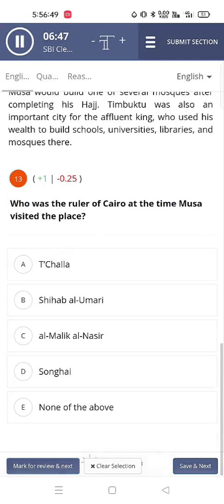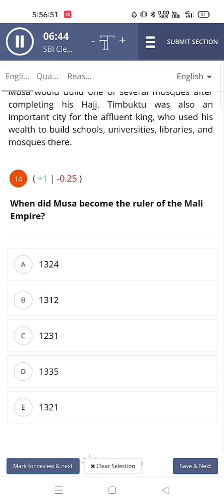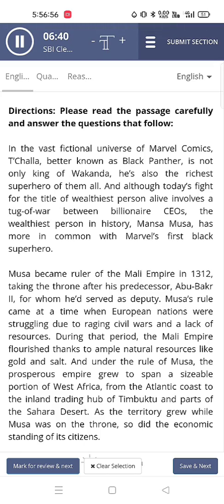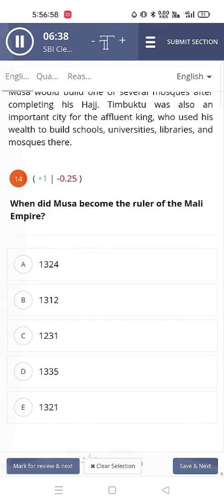We have found our answer, Al Malik Al Nasir. When did Musa become the ruler of Mali Empire? Musa became ruler of Mali Empire in 1312.